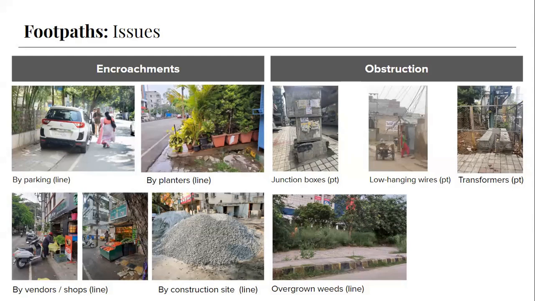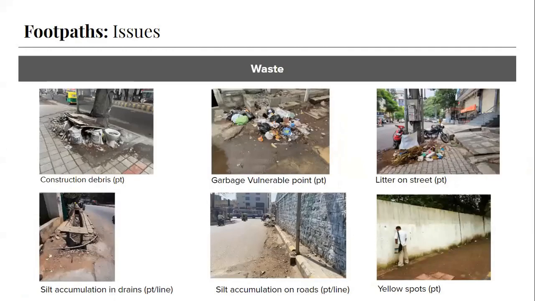Then you have overgrown weeds, which is largely a maintenance problem, in places which are fairly unkempt, where they're not cleaning out and de-weeding the area. In terms of waste, we have construction debris. You'll realize when you have ceramic stuff and construction material, that's what you will locate and mark as construction debris.